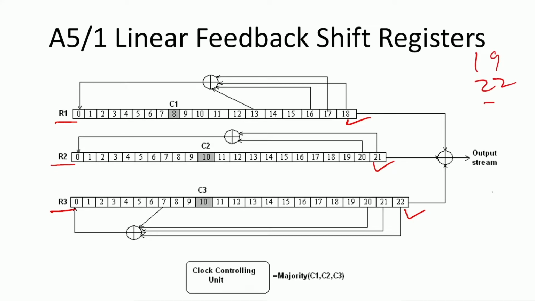Right, so 19, 22, 23 gives us 64 bits, which is equal to the key size that this stream cipher uses. Notice here that each register has a set of bits that are XORed, and the result of that is placed in the leftmost bit of the register after, of course, right shifting the input by 1 bit.